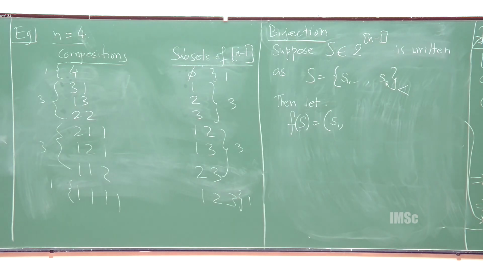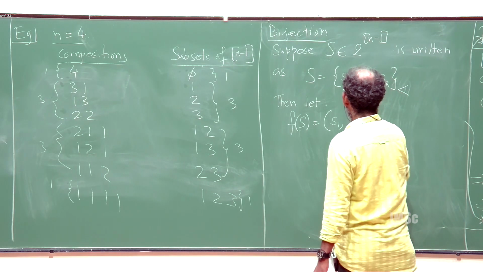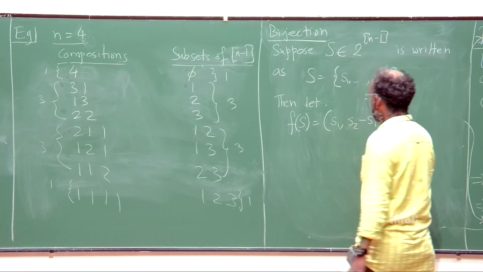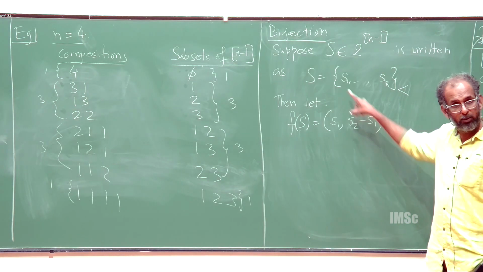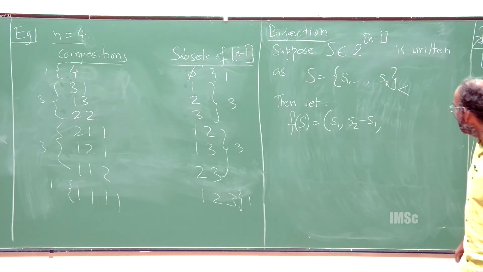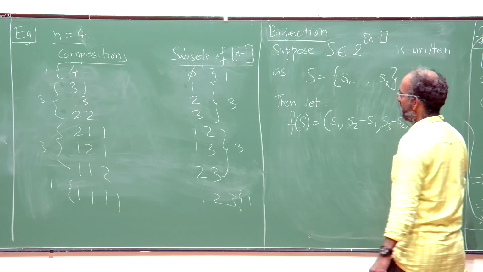So S1, then S2 is bigger than S1 because it's a subset. It's not a tuple, it's a set, so I can choose to order it any way I like. So I'm ordering it in increasing order. So I'll take S1, S2 minus S1. S2 minus S1 is also going to be a positive integer because these are all distinct, and it's in increasing order. S3 minus S2, etc.